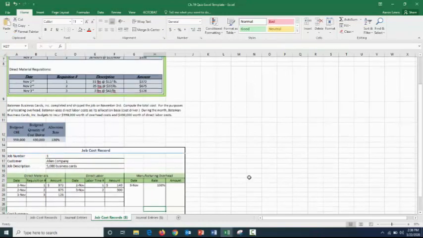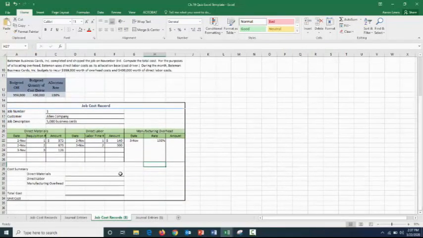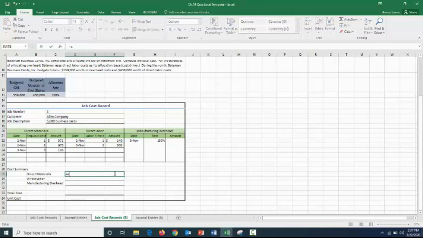So, to figure out how much overhead gets allocated, we need to first figure out what our total direct labor costs are. Actually, let's do direct materials first. Direct material costs were the sum of these 3 numbers. So we had $1,173 in direct material requisitions on this job.